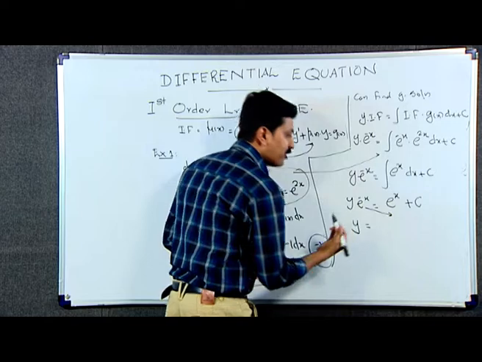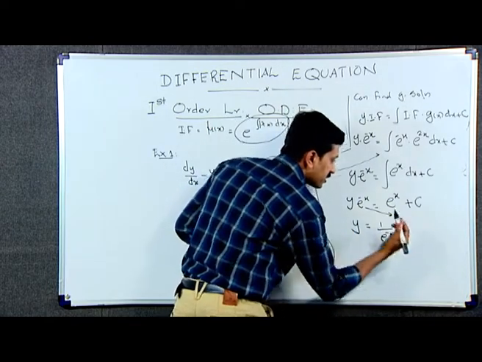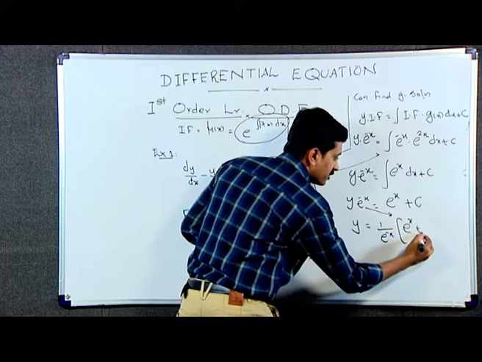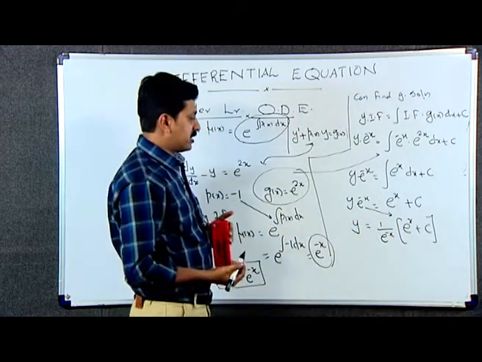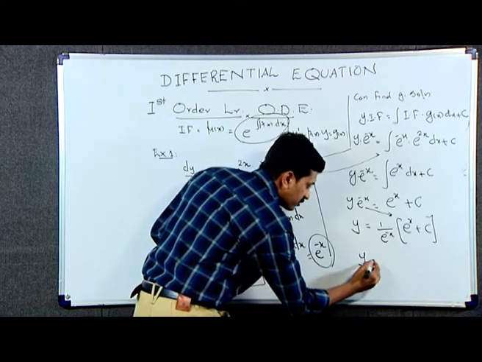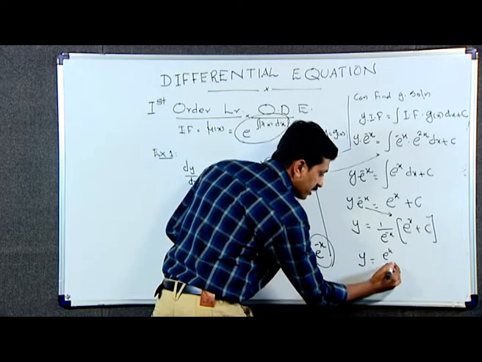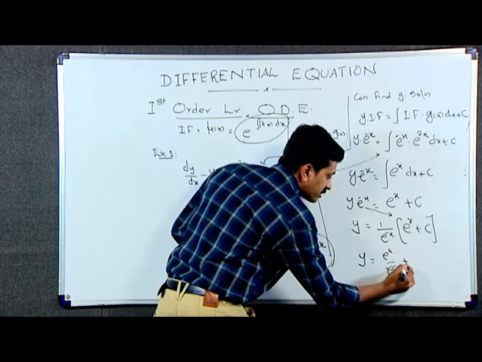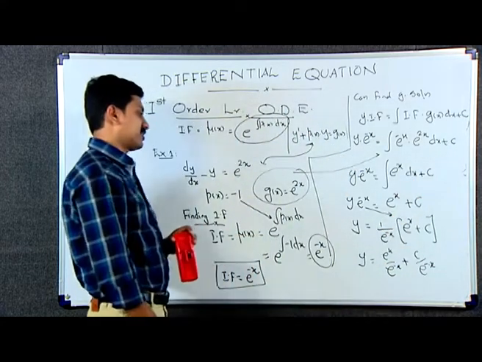Therefore, y is equal to 1 by e raised to minus x into e raised to x plus c. Multiplying it out, y is equal to e raised to x divided by e raised to minus x, plus c divided by e raised to minus x.